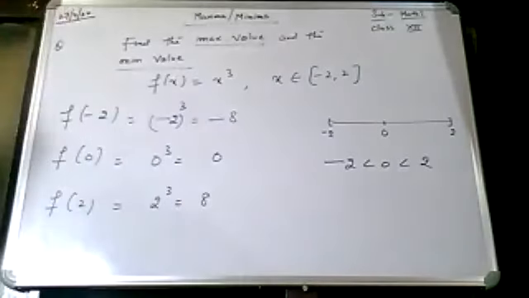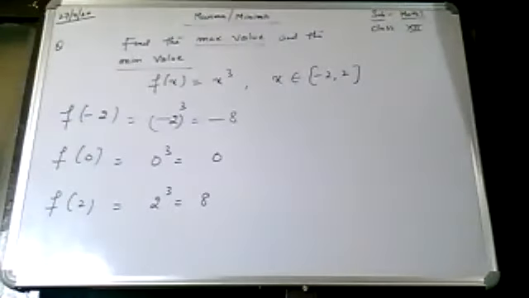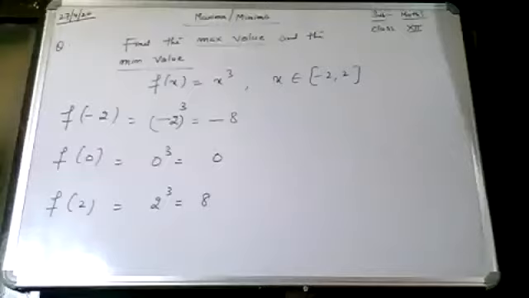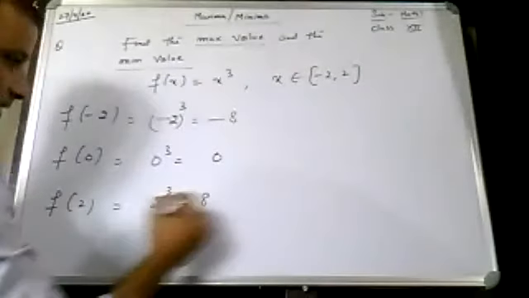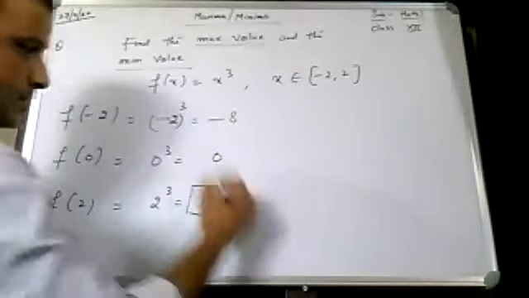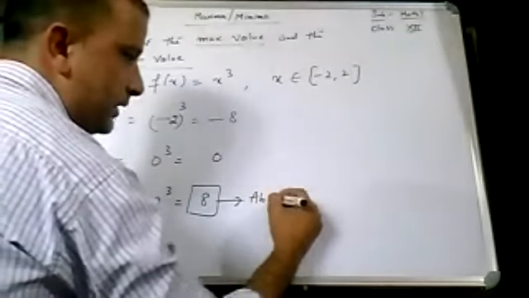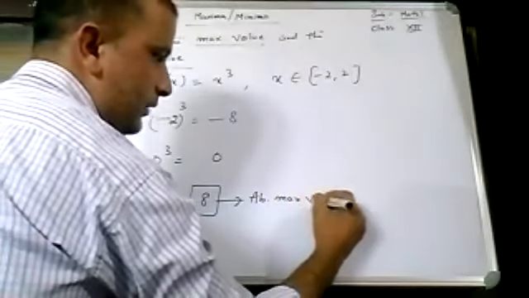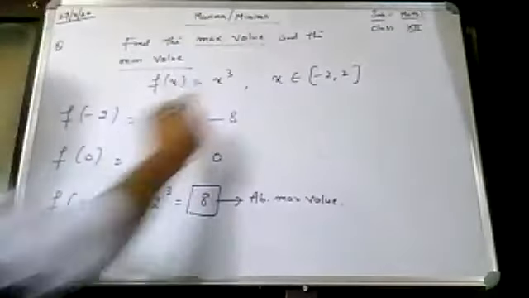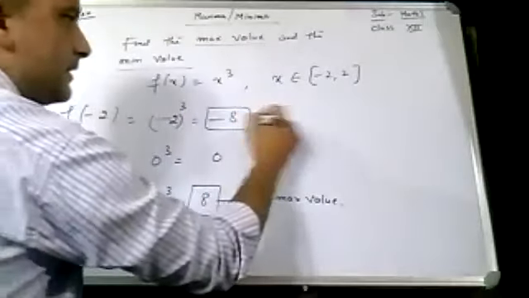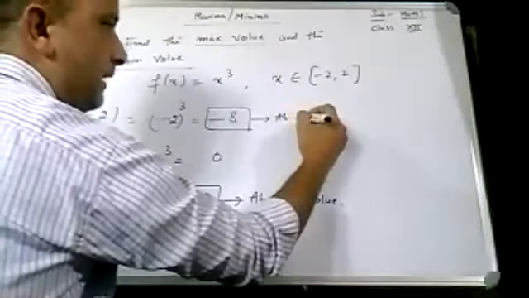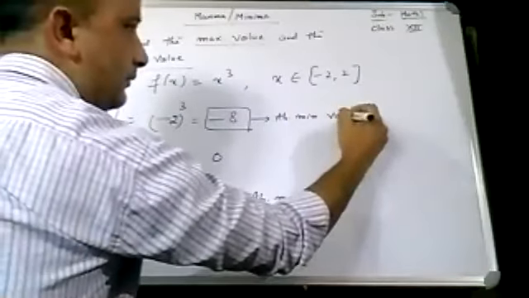Clear? So class, now see where the value is maximum. You can see this value is maximum, so this is called the absolute maximum value. And this value is minimum, so this is called the absolute minimum value.